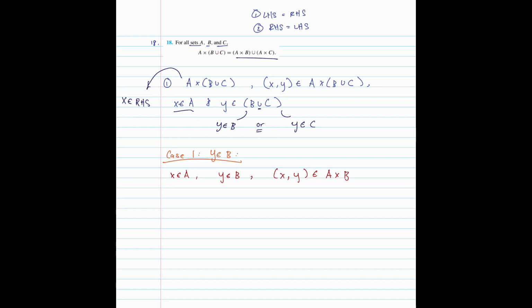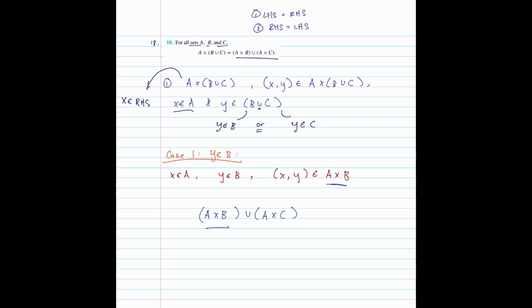So we can see that A times B is included in the union with A times B. So we have this on the right-hand side. And we just derive this, right?